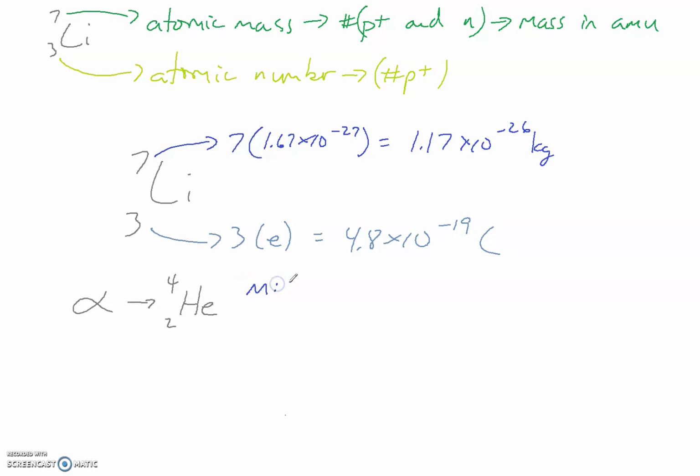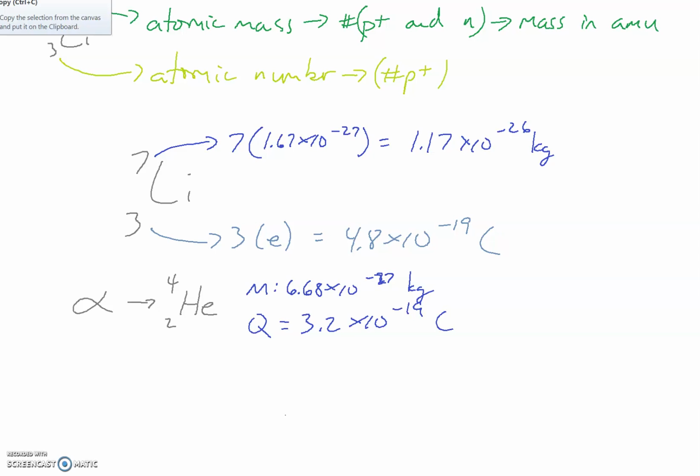So the mass for this one would be about 6.68 times 10 to the negative 27 kilograms. And the charge would be twice the charge of a proton, so around 3.2 times 10 to the negative 19 coulombs. So that's where we can use the atomic mass and atomic number in order to find the charges for these things and the masses.